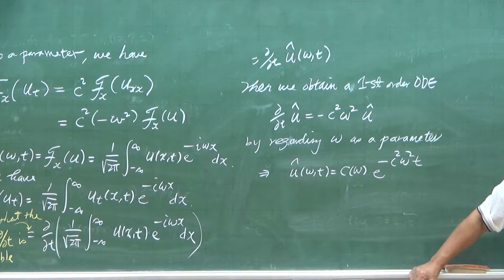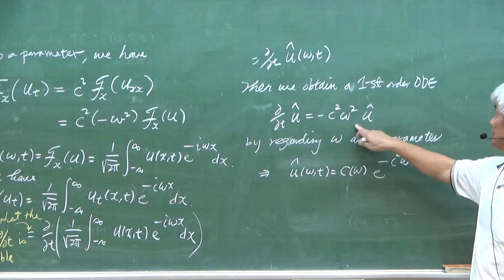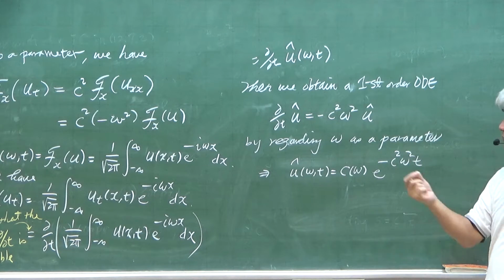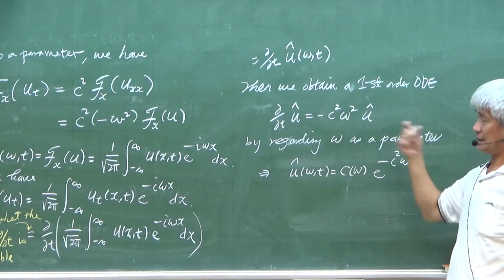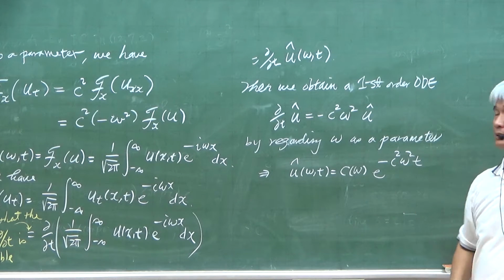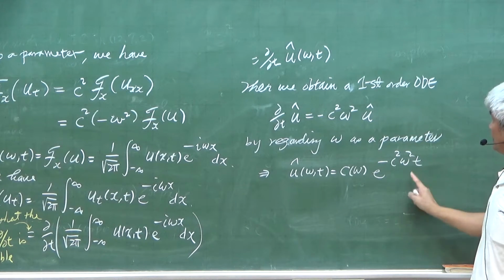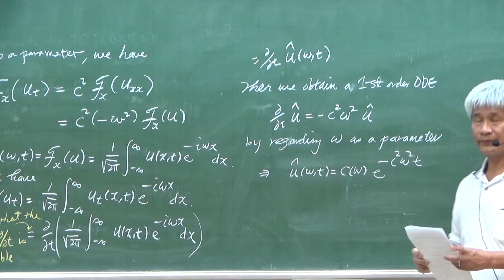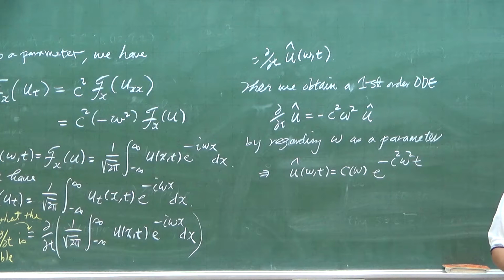In this ODE, omega is just a fixed parameter, and so you have an exponential function as a function of t. Any question up to here?